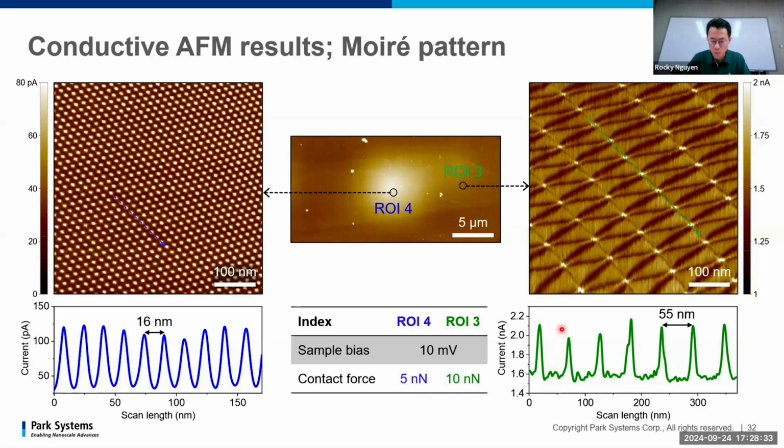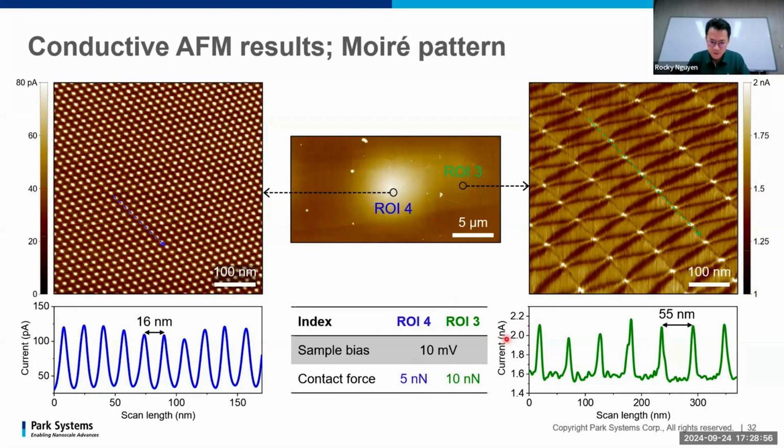The main reason for this is that the applied contact force when measuring RY4 and RY3 was different: for RY4 I applied 5 nanonewton and I doubled the force to 10 nanonewton for RY3. So that's why we have the higher amount of current.